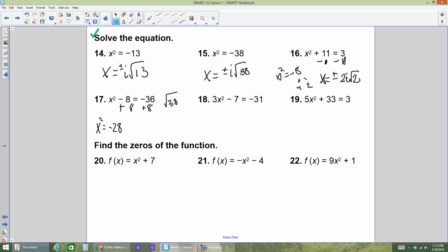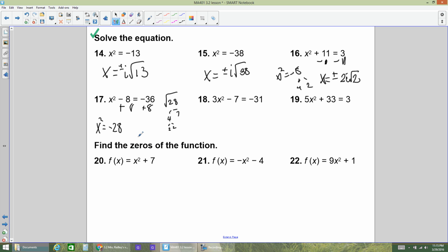And you should be thinking to yourself, yes, there is. What is it though? It's a 4 and a 7, so that's a 2 and a 2. And remember, it was negative.